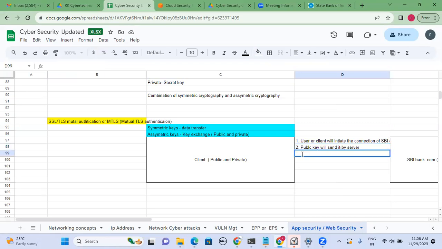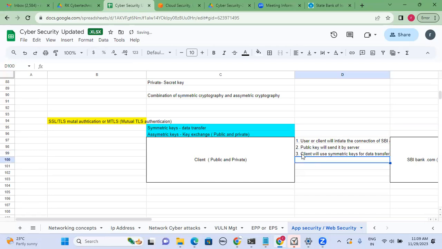Now the third step: the client will use symmetric keys for data transfer.